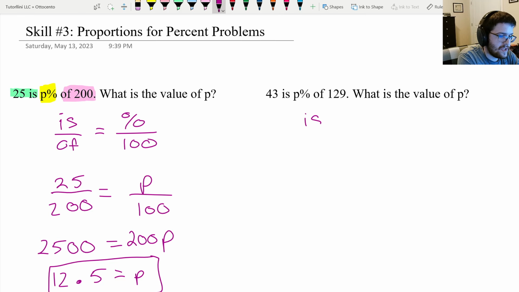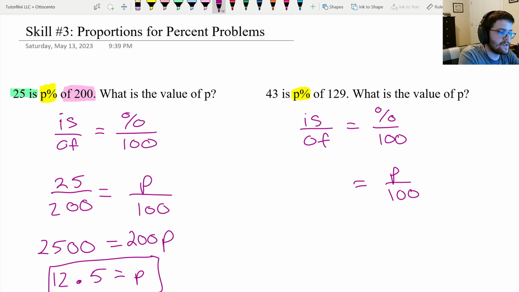43 is p% of 129. Okay. All right, same kind of deal. Always pick out the percent first. So I'm going to put p over 100 equals, next to "is" is 43, and next to "of" is 129.